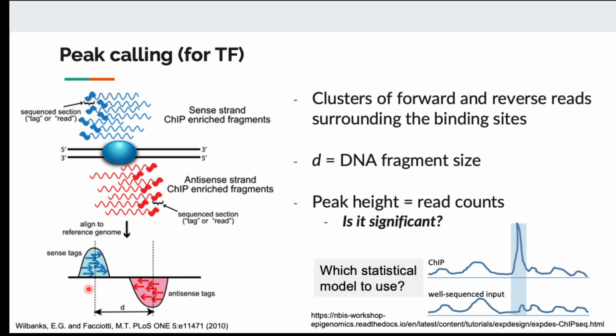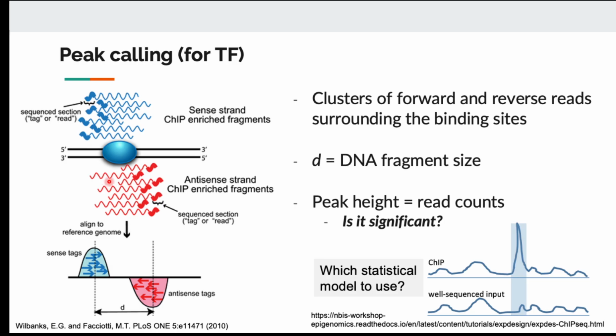So in your sequencing data, for single-end sequencing, you're going to see two peaks, one located to the 5' of the binding site, one located to the 3' of the binding site. And what we expect is that the distance d between the two peaks should reflect the DNA fragment size.